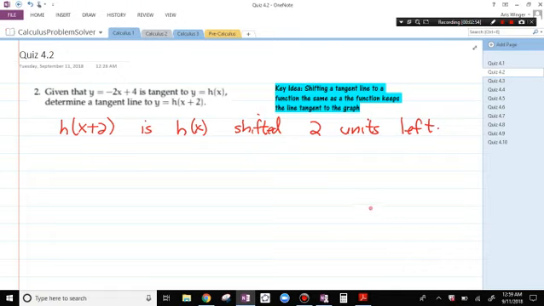So that means that if you have a line that's tangent to a function and you shift the function 2 units to the left, then you can keep a tangent line just by shifting the tangent line you currently have to the left as well.